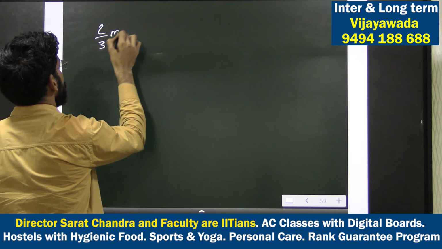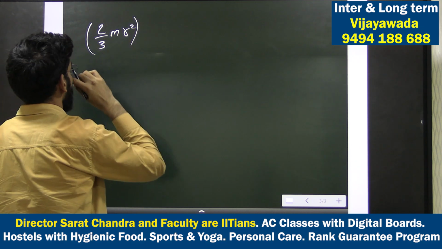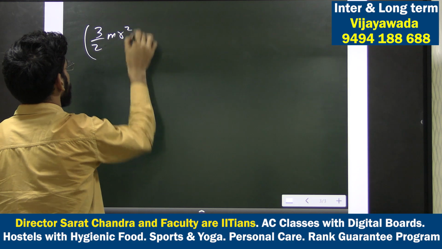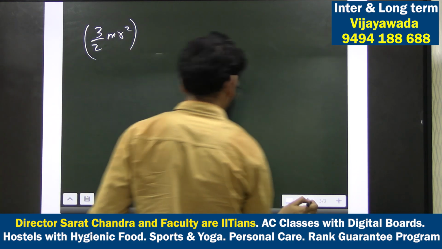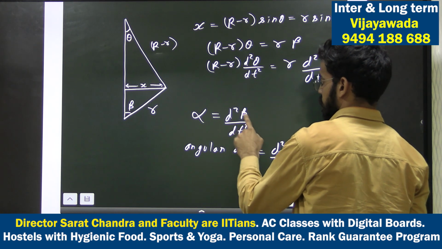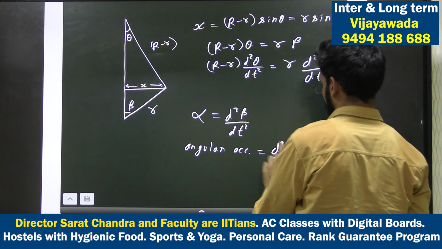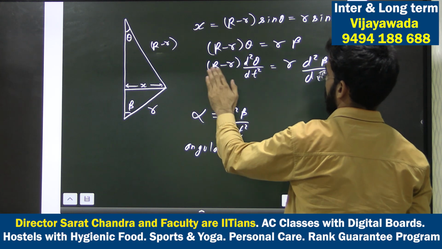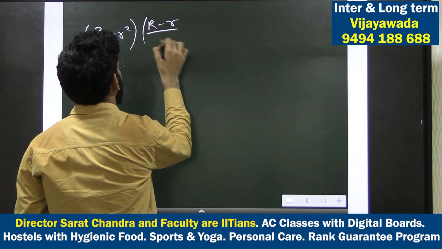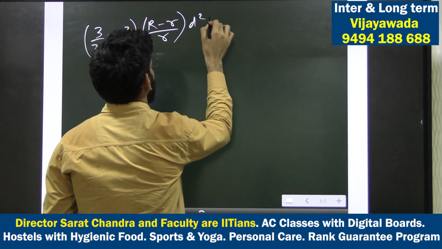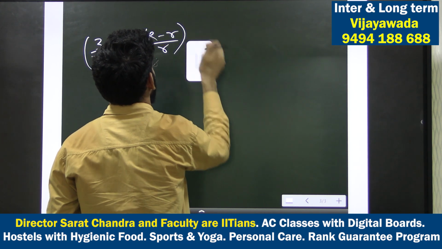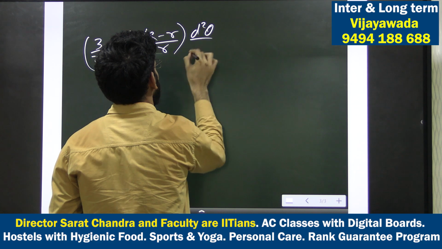And alpha was d2 beta by dt square, but I want d2 theta, so here I will replace it by (R minus r) by r into d2 theta by dt square. This is the angular acceleration I actually want.